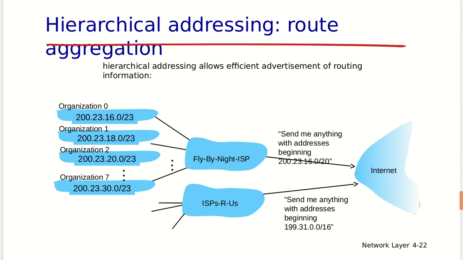The routers which are present on the internet, as well as the routers which are present on the fly-by-night ISP side. Okay. So these routers, because they are computers, like I explained earlier, they have limited memory.